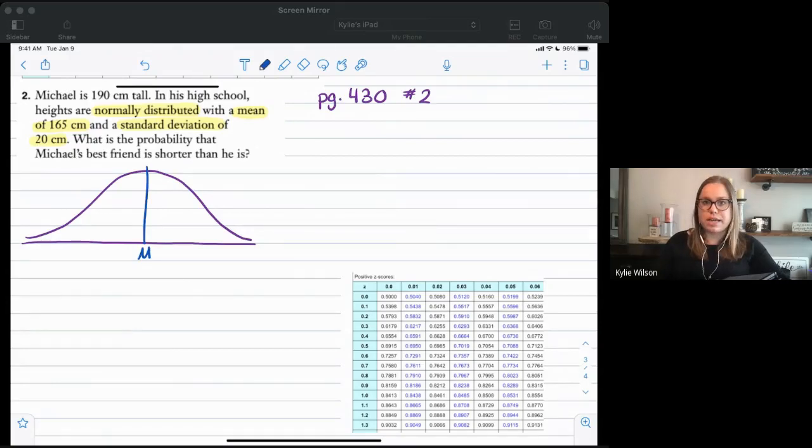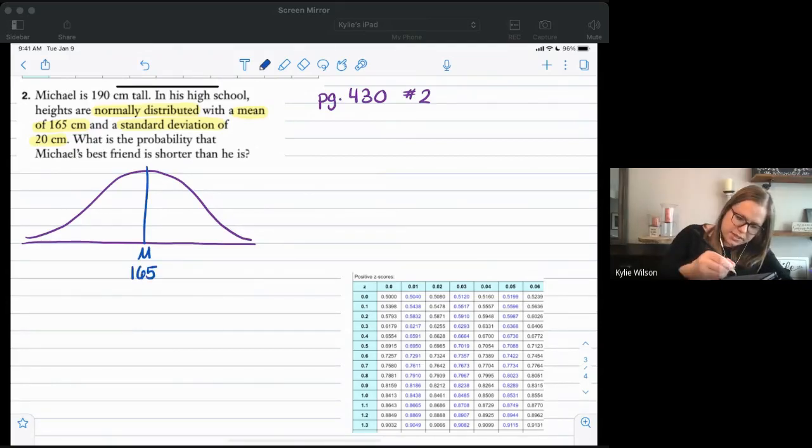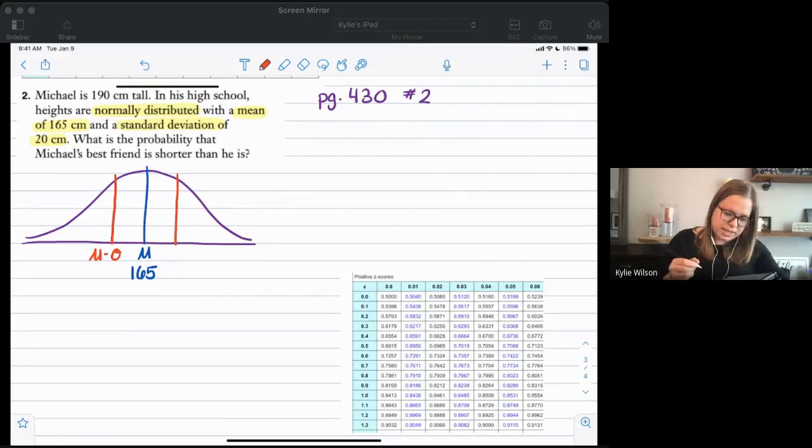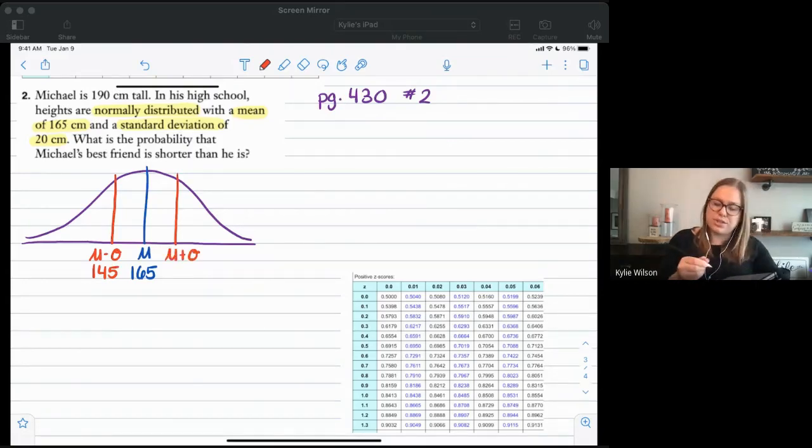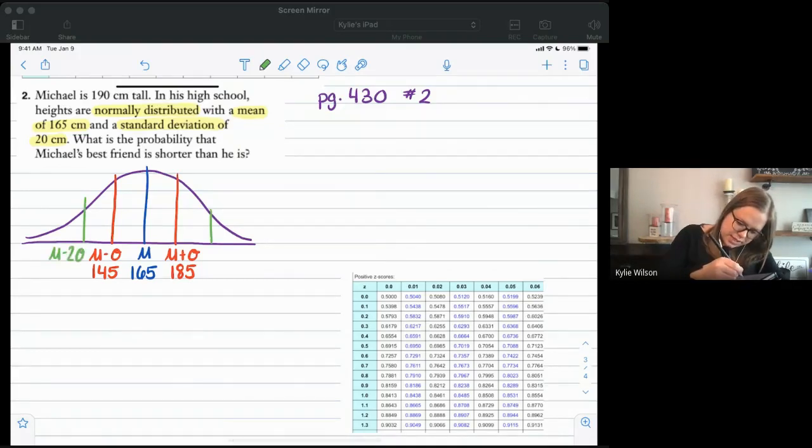So my mean is 165 centimeters. Then my first interval, my mean minus 1 standard deviation. My standard deviation is 20, so 145. My mean plus 1 standard deviation, 185, like that. Then my next interval, my mean minus 2 standard deviations is 125.